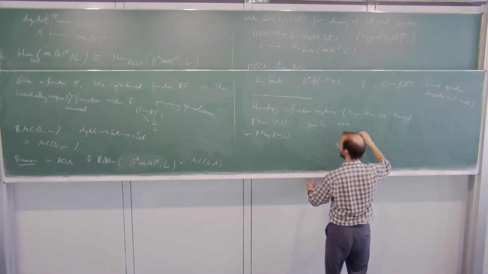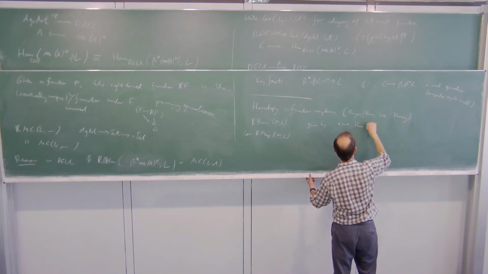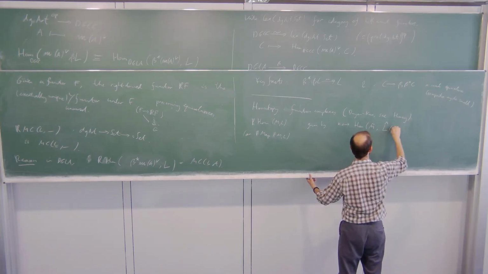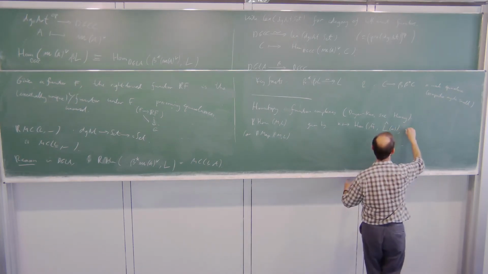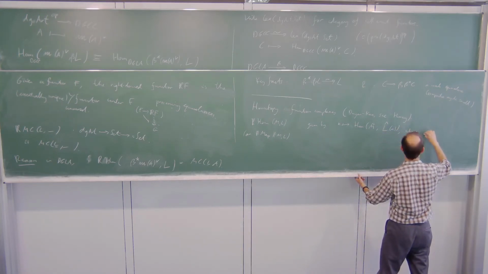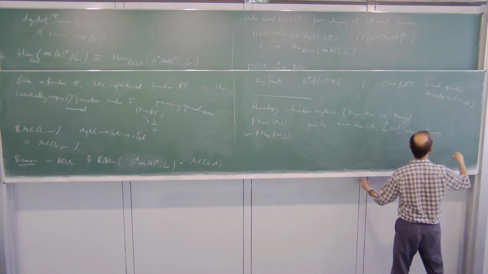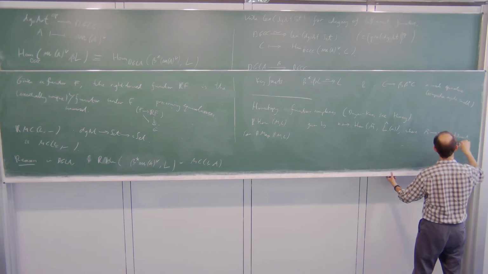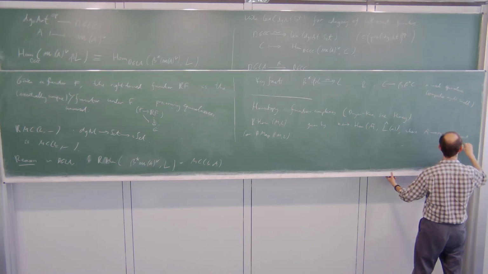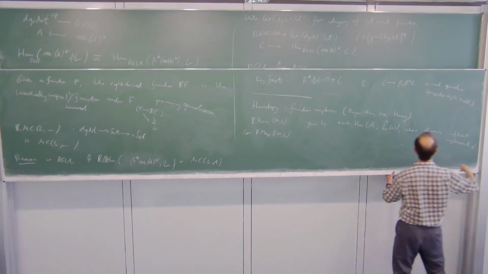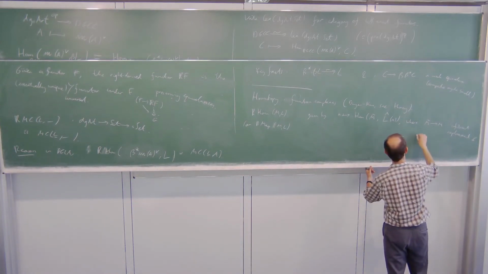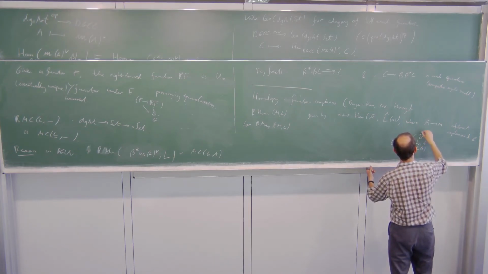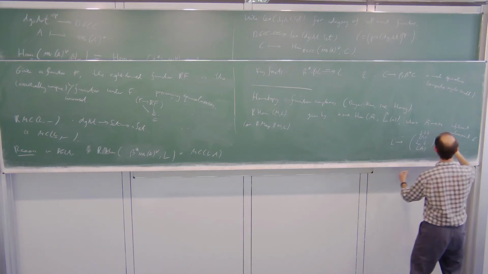at level n, you have Hom from M tilde to L hat n, where M tilde is a cofibrant replacement, and L hat is really a fibrant replacement.